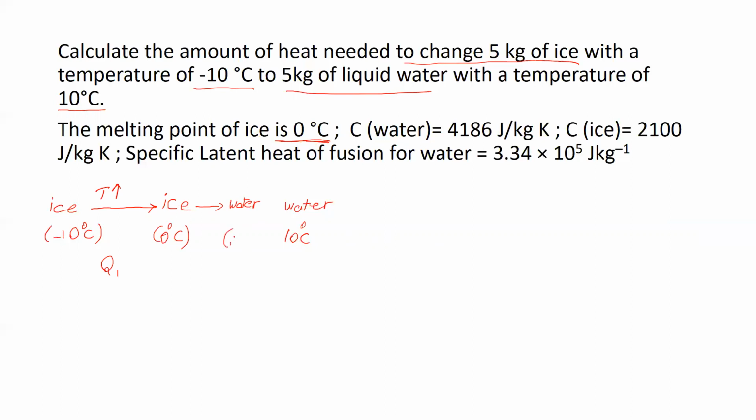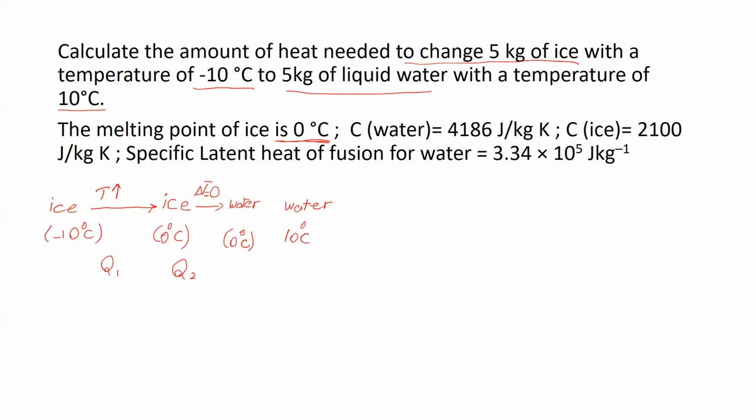So this water is still 0 degrees Celsius. The only thing that's happening here is a change of state, no change of temperature. So delta T, the change of temperature, is equal to 0. But we need to give some heat here. Why do we need this heat? Because we need some heat to break the bonds in ice to change it to liquid.